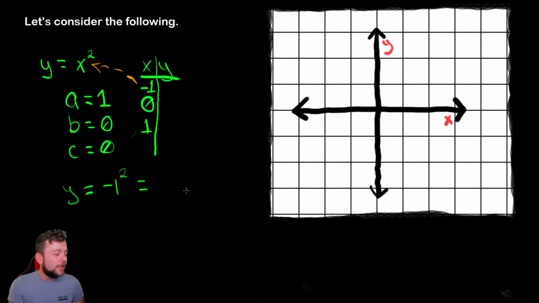And what is -1 squared? That is +1. Okay? And then 0 squared is 0. And then 1 squared again is also 1, right? So our first three points: -1, 1; 0, 0; and 1, 1.